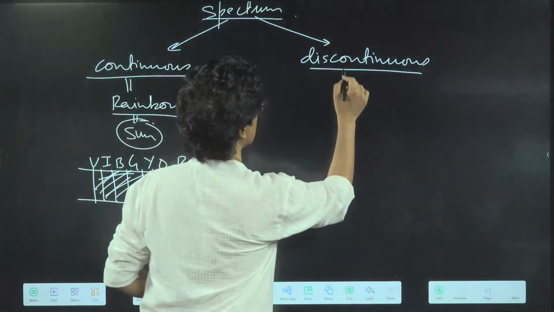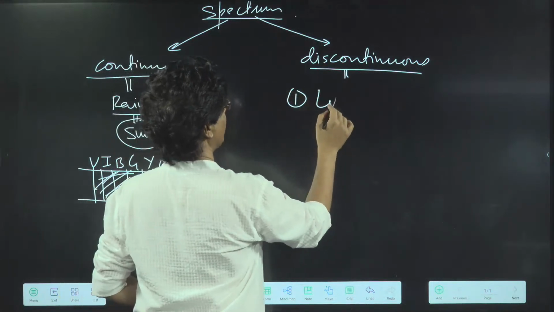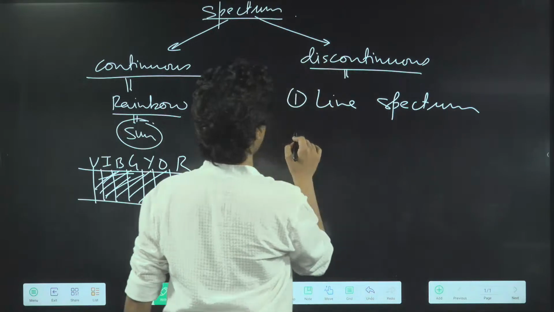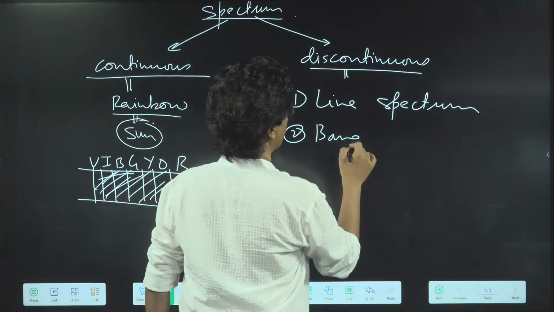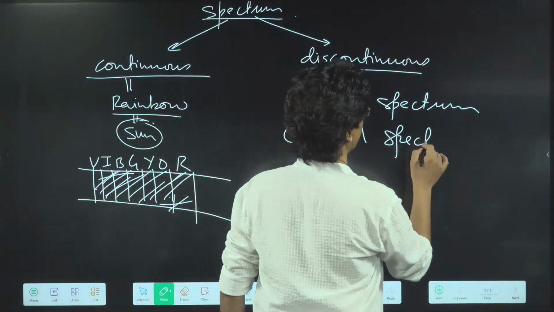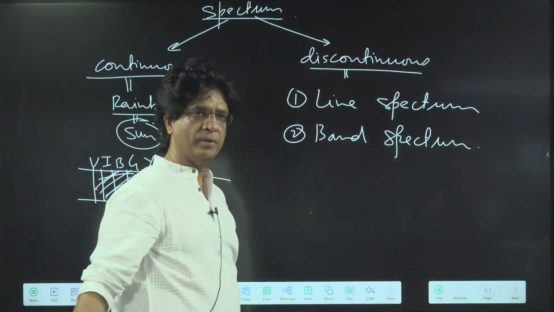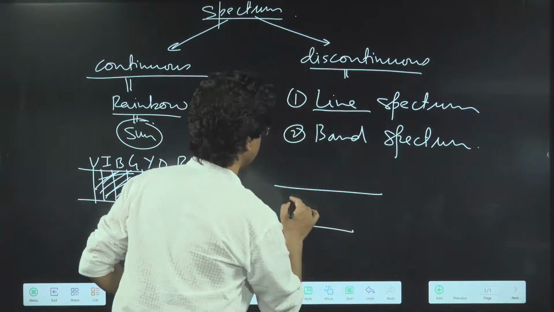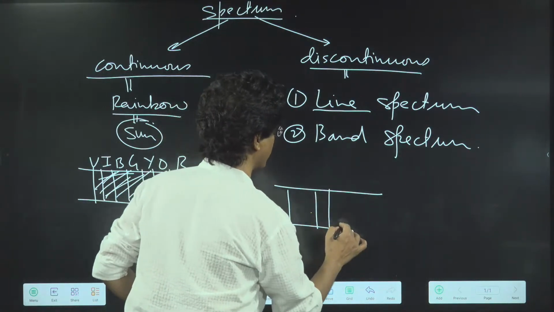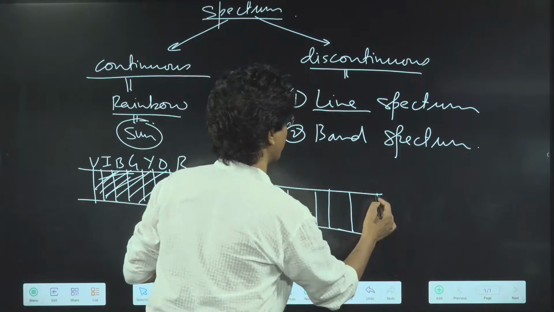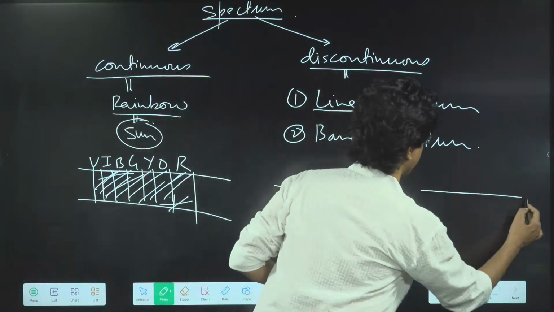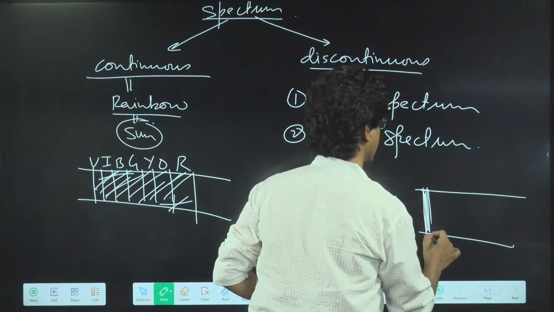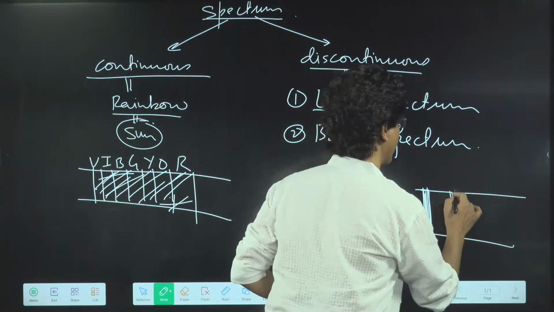While in the discontinuous spectrum, we have got two types. One is line spectrum, and the second one is band spectrum. In the line spectrum, you will clearly see distinct lines, separated by distances that can be irregular as well. But in the band spectrum, you will find very thin lines which are closely spaced, forming a band.